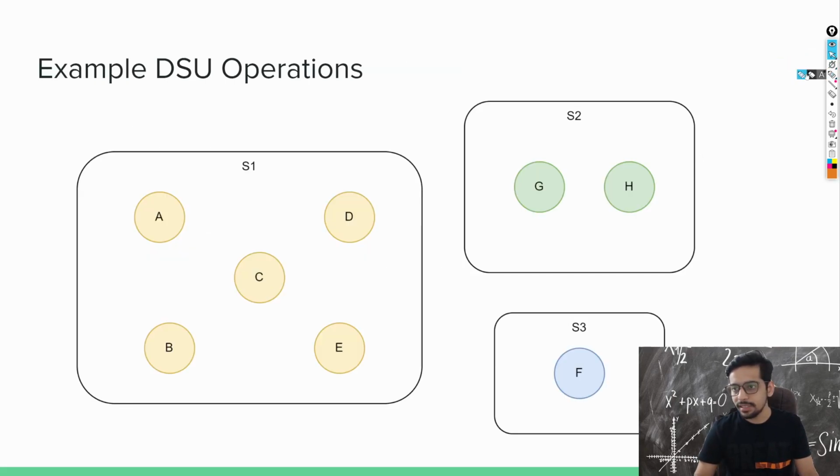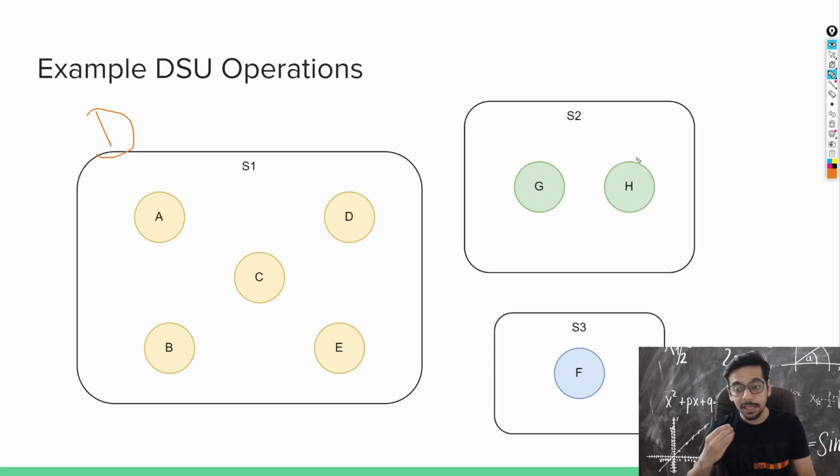So you have 8 elements here, and those elements are A, B, C, D up to F. They have been divided into 3 sets, and these are disjoint sets. No set overlaps with the elements of other sets. So S1 has A to E, and no other set will have the same elements again. Overall, this is your D, the disjoint set data structure, a collection of 3 sets here.